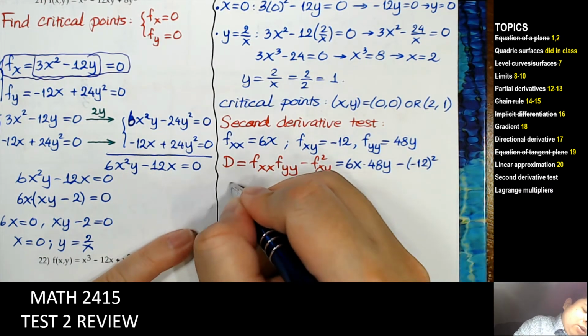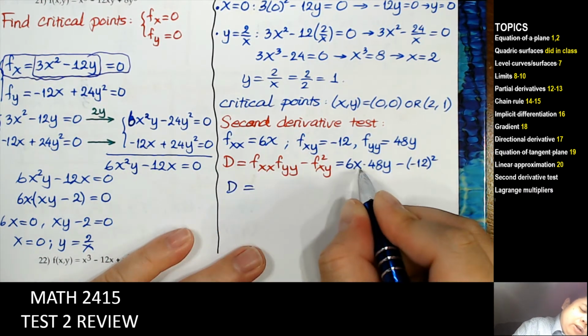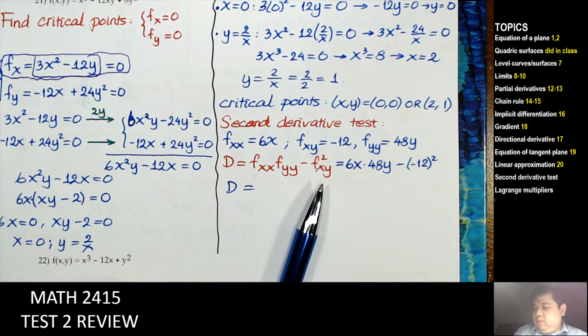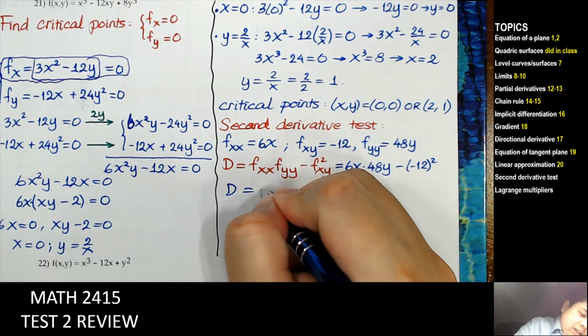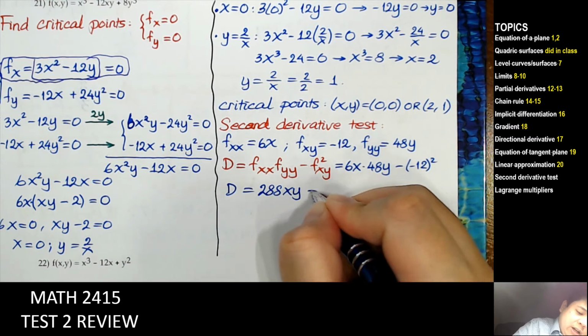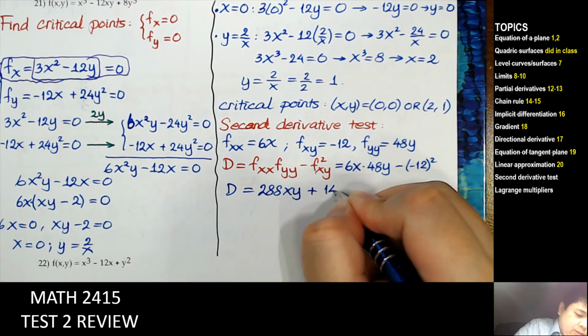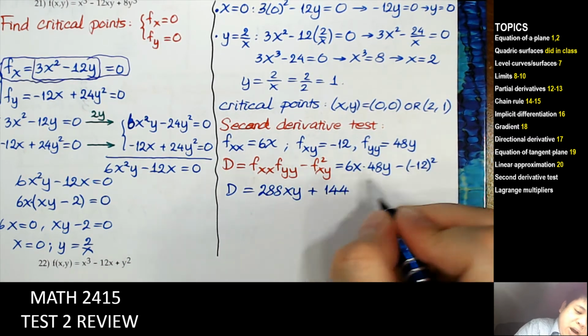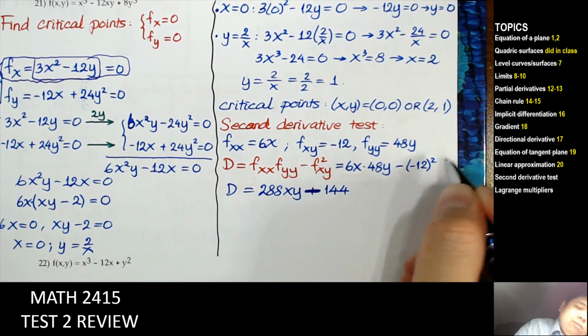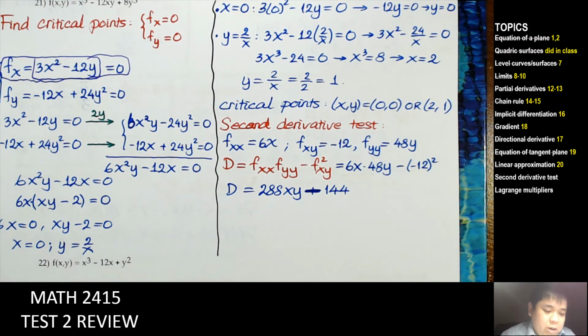So D is equal to 6 times 48. I have a calculator here. 6 times 48, 288 xy, sorry, minus 144. So that is the discriminant.